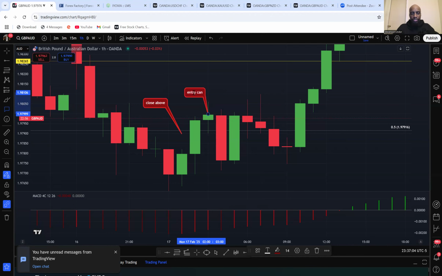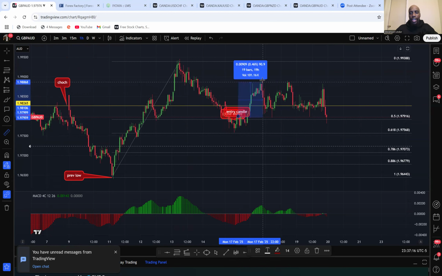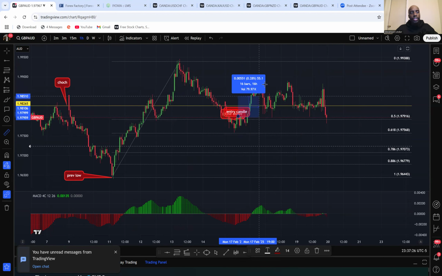And I can place my stop loss at the next fib level or below this candle right here. And as you can see, there's my buy to the upside, about 90 pips before price retraced.